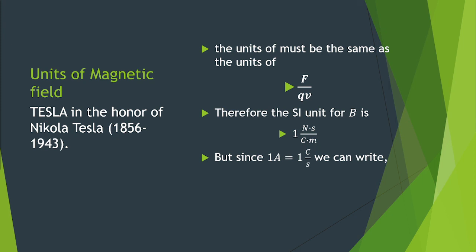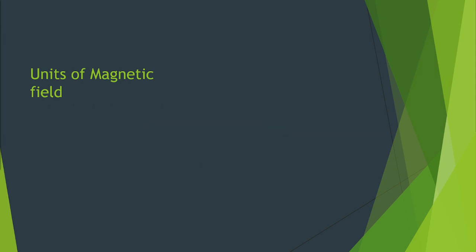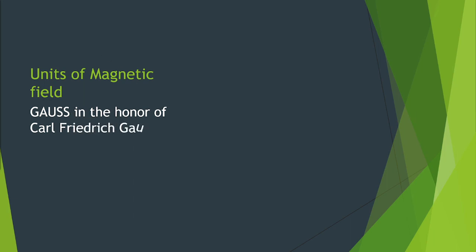But since we define the ampere as 1 coulomb per second, we can write 1 Tesla is equal to 1 Newton per ampere times meter. Another unit used is called Gauss. This is in honor of the eminent mathematician and physicist, Carl Friedrich Gauss, 1777 to 1855. 1 G is equal to 10 to the negative 4 Tesla.